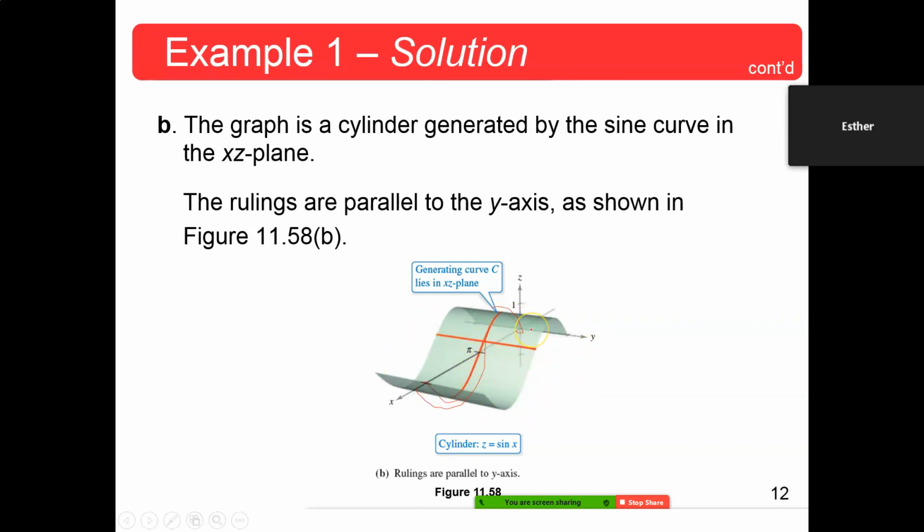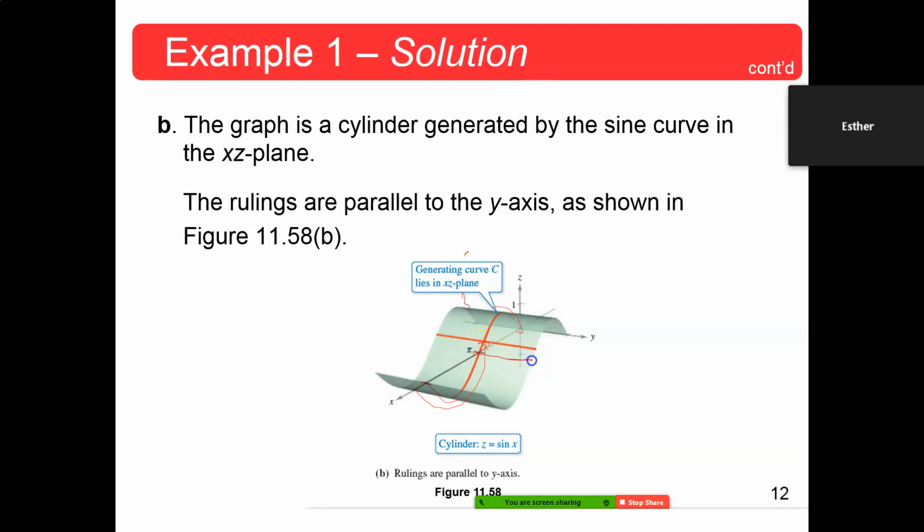Parallel to the y-axis, in fact, the y-axis is one of the traces. And then at x equal pi here, you have another trace. I can't get my pen to show up. Where is the pen? Oh, there it is.